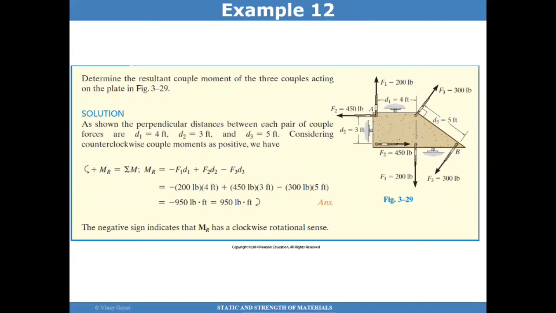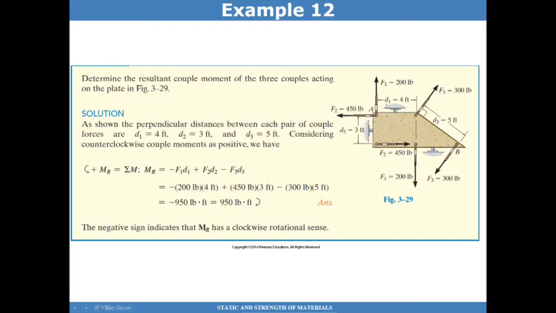Note that if there is a couple, these couples will act anywhere and it doesn't matter, I can just add them up. Here I have F1 and F1, and these forces are the same magnitude, opposite direction, and the distance is 4 feet. So this is 200 times 4 feet, and that's 800 pound-feet.